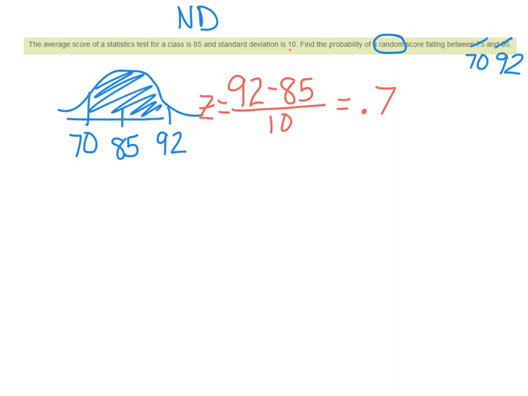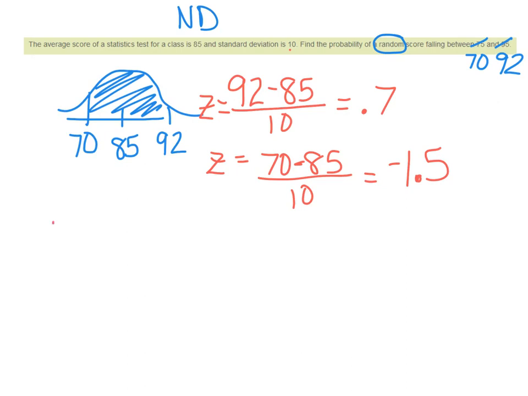And then on the smaller value, 70 minus 85, divide by 10, is going to be negative 1.5. Again, values above the mean, greater than the mean, are going to have a positive z-score. Values below the mean have a negative.